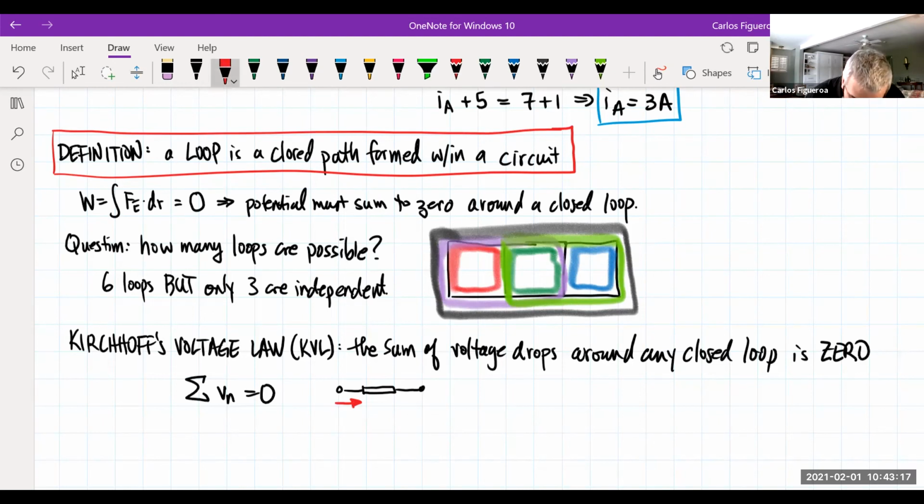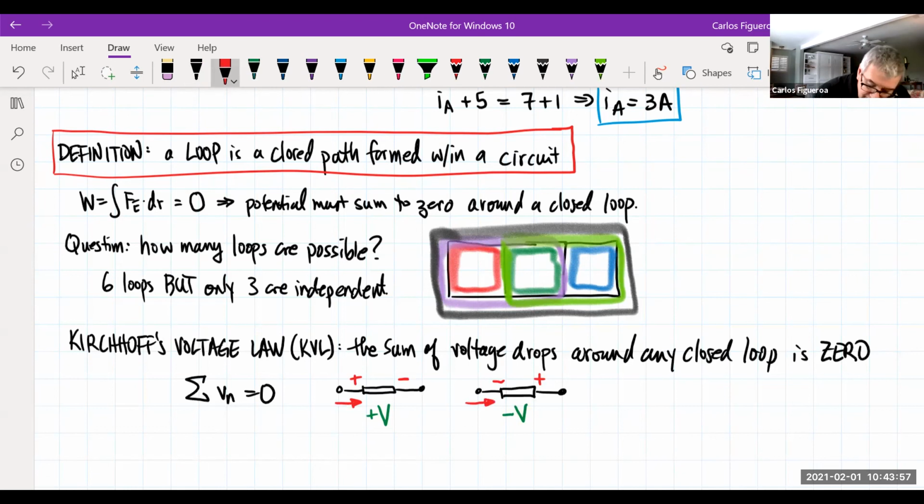If this is positive and this is negative, and the current is entering the positive node, then we call this plus V. If I have an element where the voltage across it has opposite polarity, but the current is still coming in this direction, then Kirchhoff's law says I have to write this as a minus.